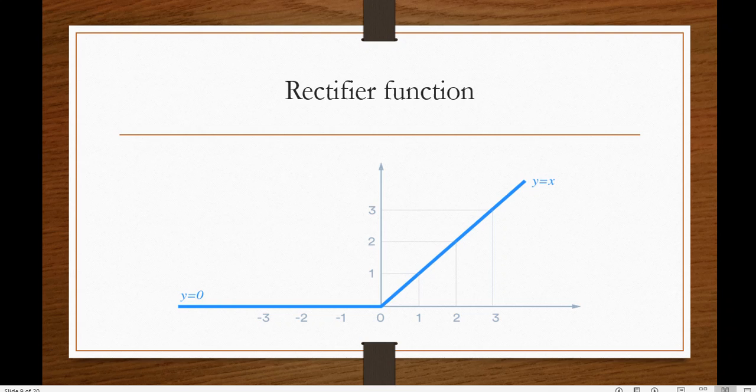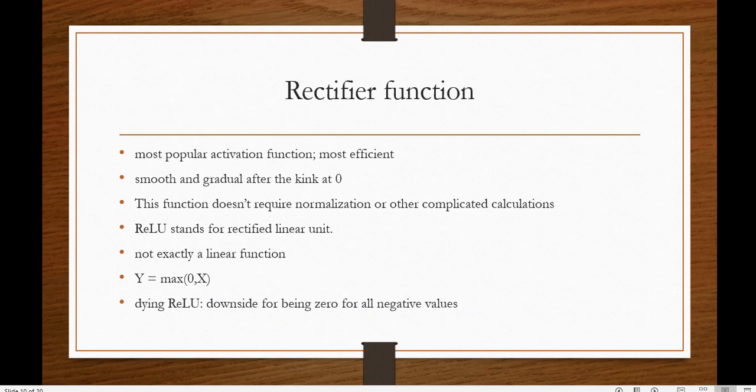So calculating the value of y based on x is a very straightforward and simple function. That is why it is the most popular activation function, and it is most efficient. Why efficient? Because the calculation is simple.